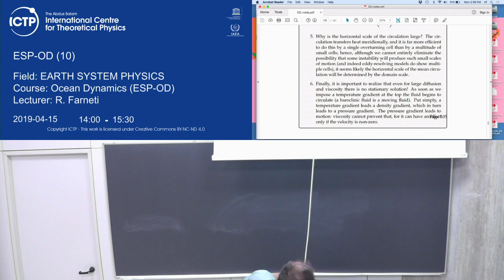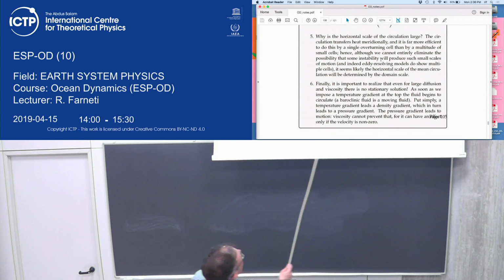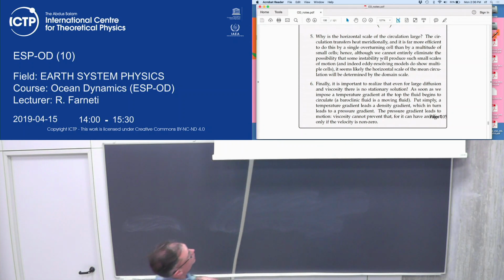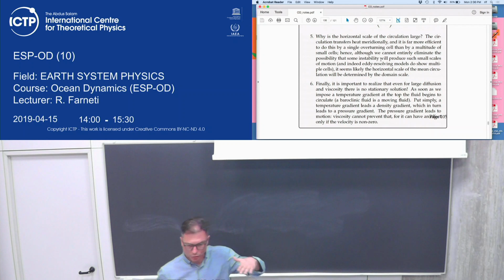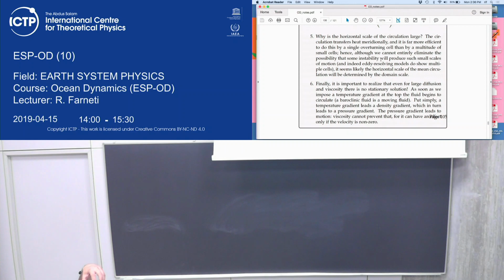And then finally, it is important to realize that even for large diffusion, so you might diffuse the water in the interior, the abyss, a lot, okay? But there will never be a stationary solution as long as you have a differential buoyancy at the surface. You will always be generating dense water on one side of the basin and then diffusing that cold water back into warm water on the other side of the basin.